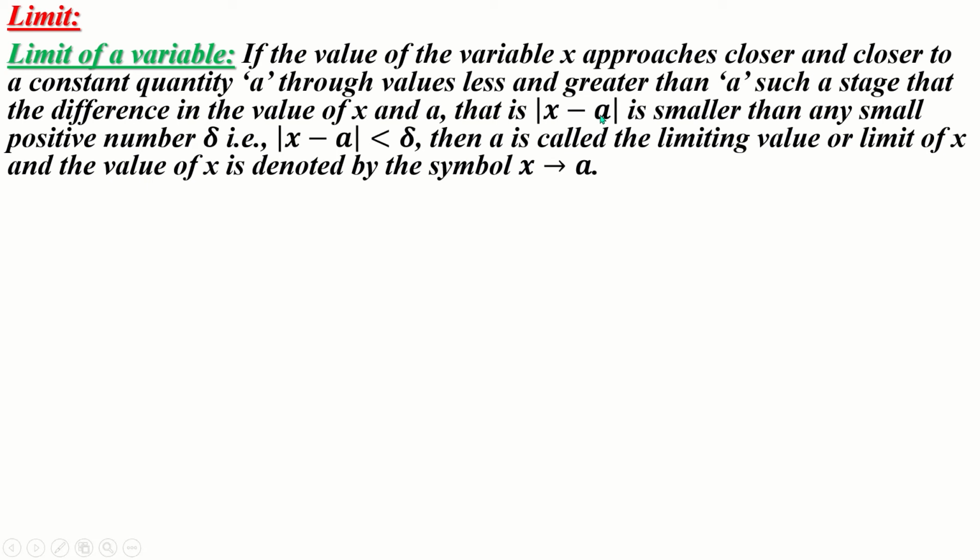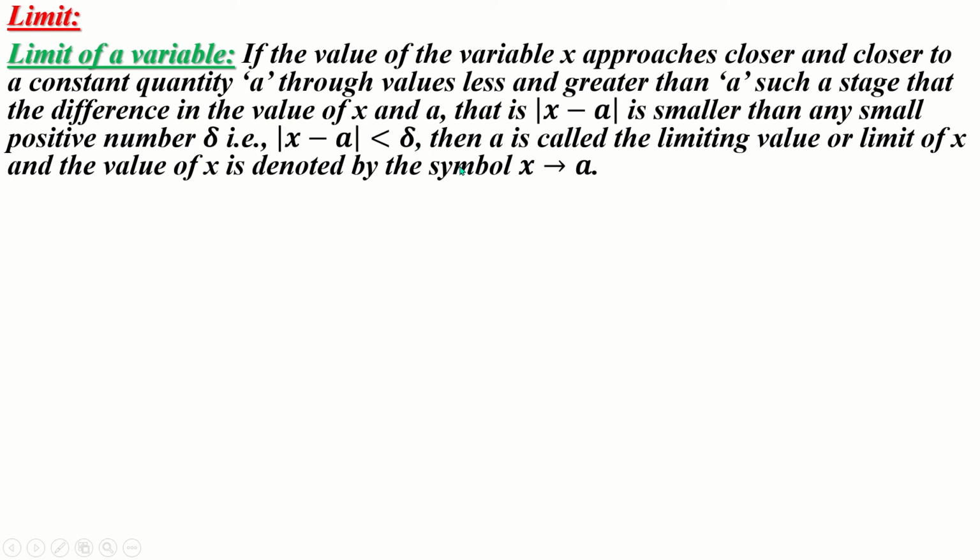As a result, the difference between 2 and 2.1 is equal to 0.1, and del will be less than 0.1. Okay, always less than the difference of these two numbers. This is a del. Clear?